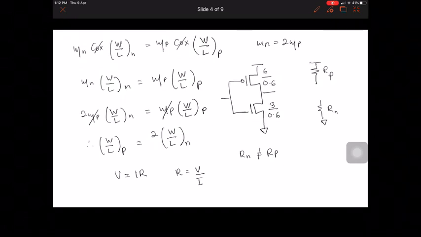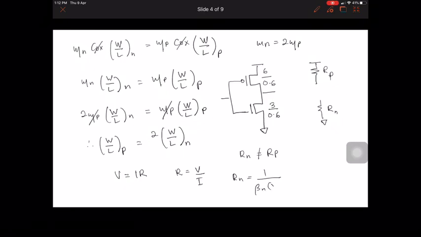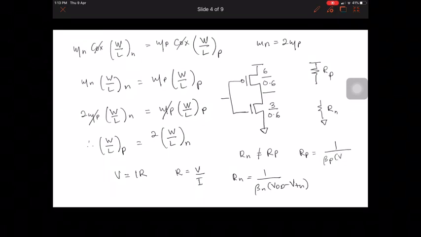How do you know this? We know that Rn equals 1 over beta n (VDD minus VTH), and Rp equals 1 over beta P (VDD minus VTP).